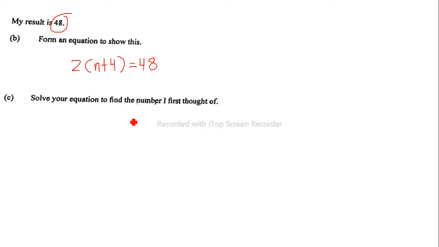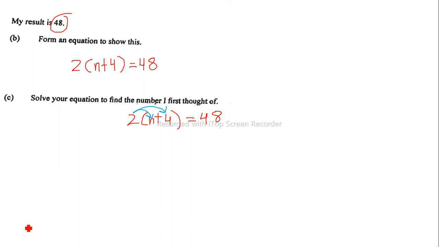So we take this 2 and multiply it by n, and multiply it by 4.